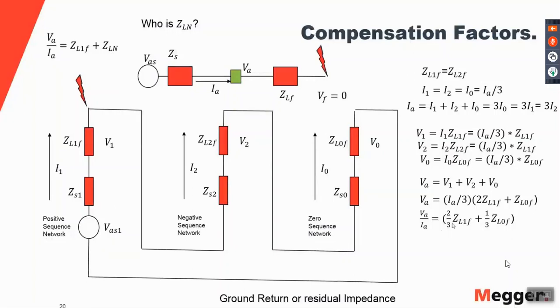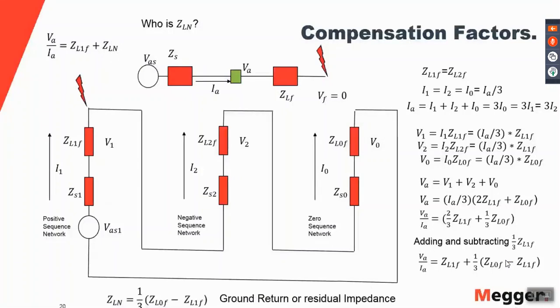So what I do is I simply add 1/3 and subtract 1/3 of this positive sequence impedance, and then I come up with VA divided by IA equals the positive sequence impedance to the fault plus one term here that has to be equal to the impedance on the ground, or the impedance on the neutral, that I was looking for.